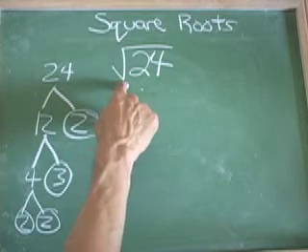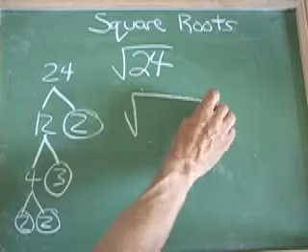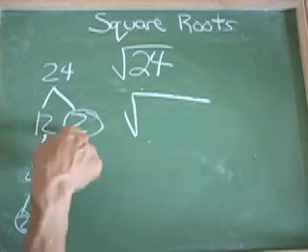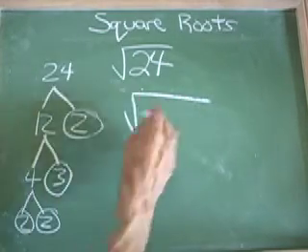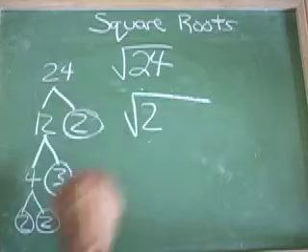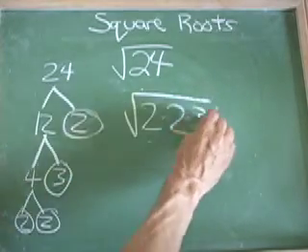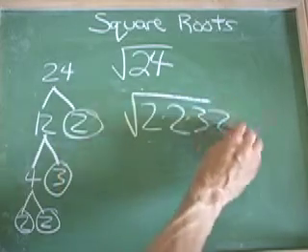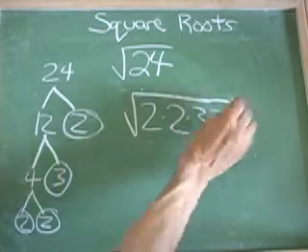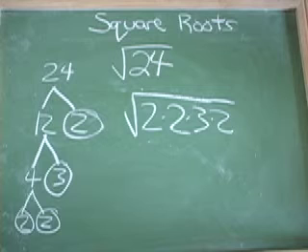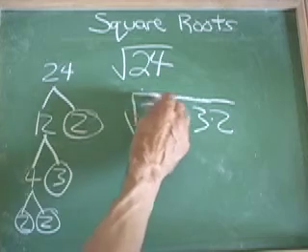Now this square root of 24 basically becomes all the prime numbers we just found under the singles bar. So we have 2 times 2 times 3 times 2, all under the radical, known as the radical sign, but I'm calling it the singles bar for numbers. So let's see, oh, we got two 2's.